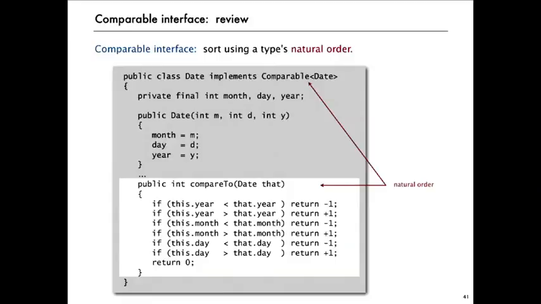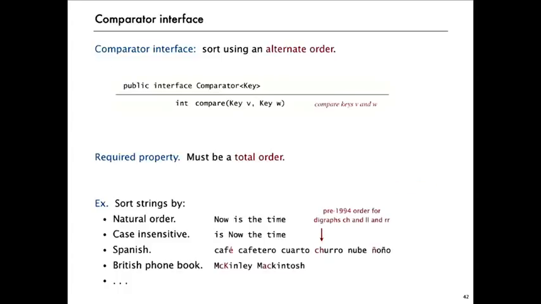Now, we used before, in order to be able to implement sorts that can sort any type of data, Java's comparable interface. And the concept is that there's some natural ordering of the data that you'll want to use most of the time. That's what the comparable interface is all about.